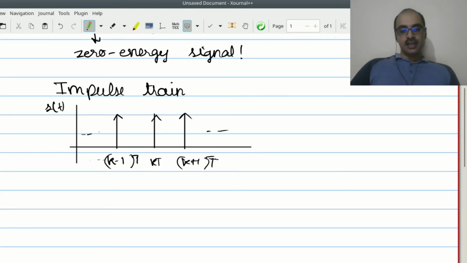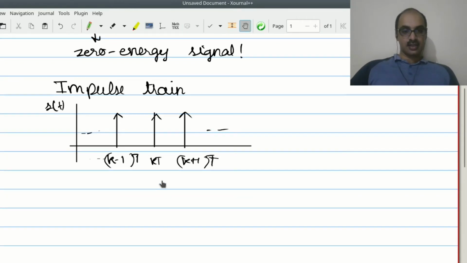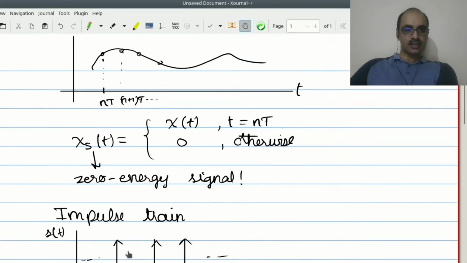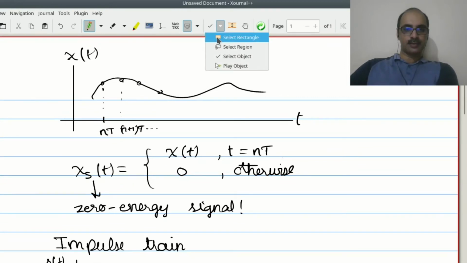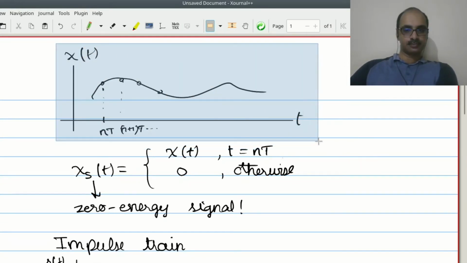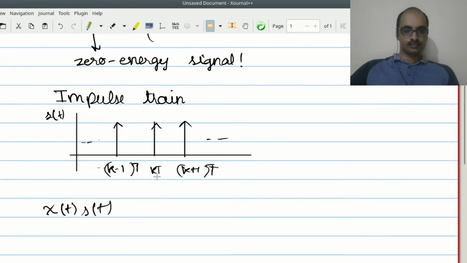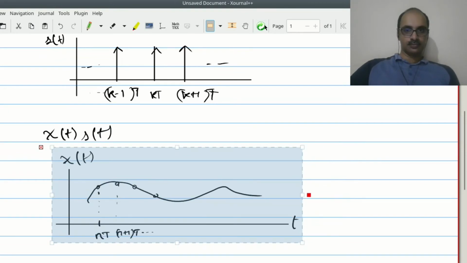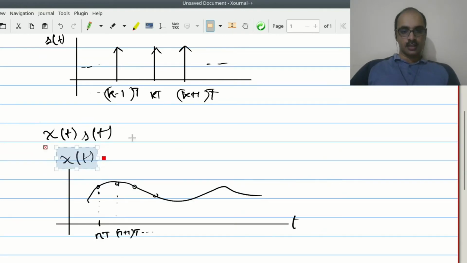Now this impulse train has a slight advantage over the direct approach which we took in the previous case. What does x of t multiplied by s of t look like? Let's look at this x of t. Let's bring it over here, and let's get rid of this. So what does it look like?